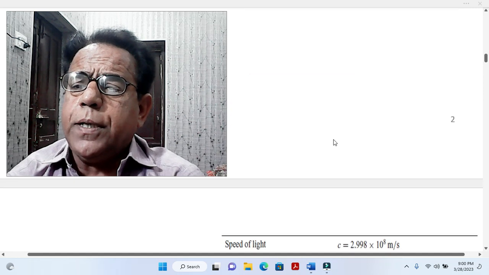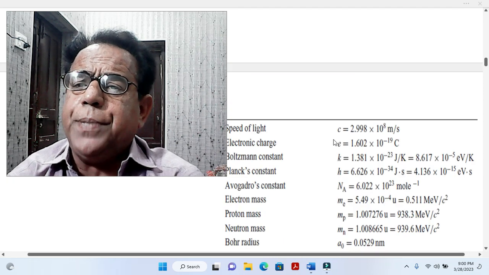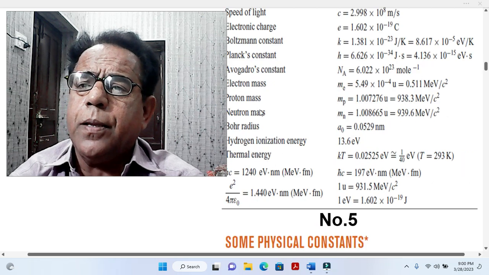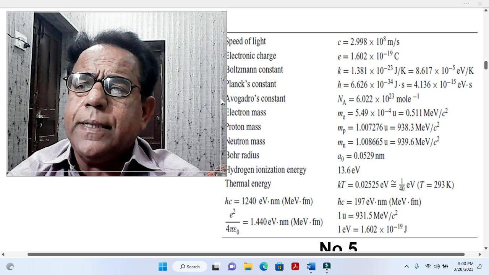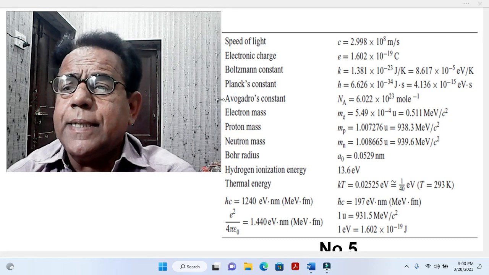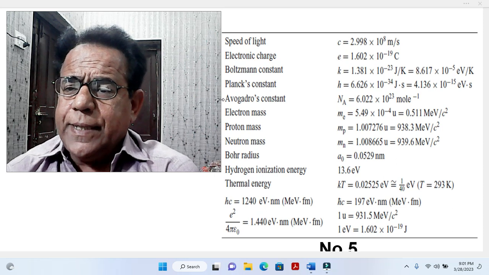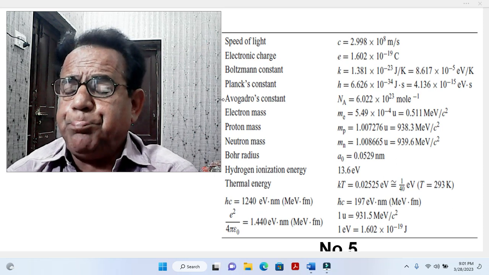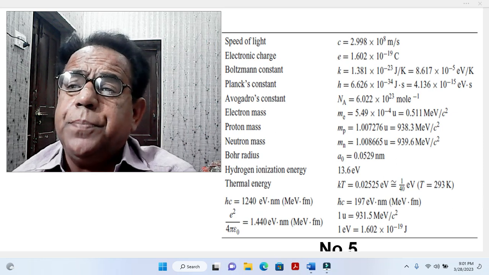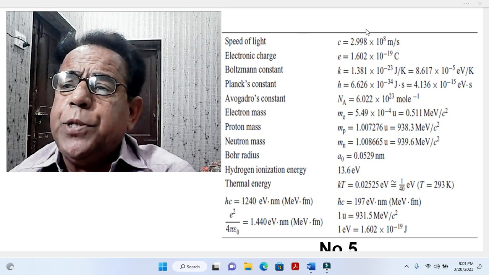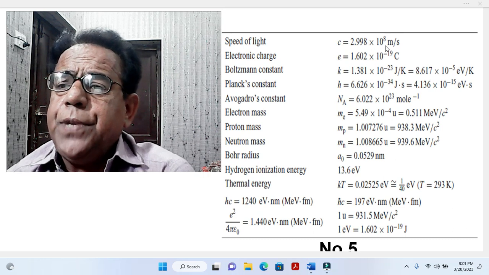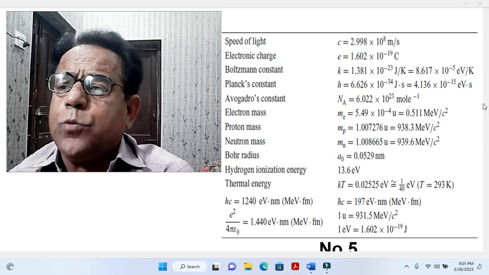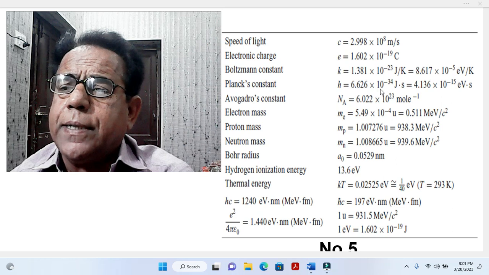Tool number 4 has also been taken several times in our previous problems, so we do not waste time on discussing this. Dear students, in this problem we will take this value, speed of light c 2.998 into 10 to power 8 meter per second. We will take Planck's constant, which is given in two equivalent systems.